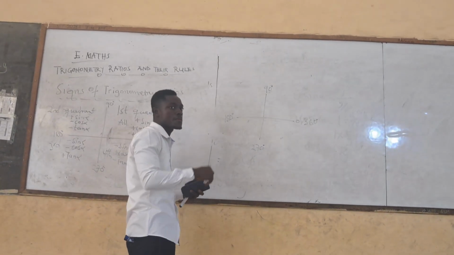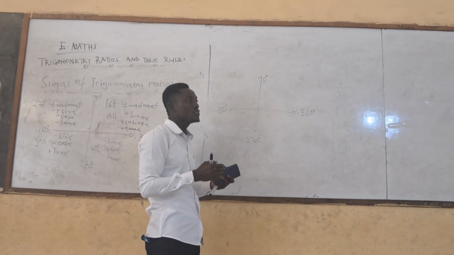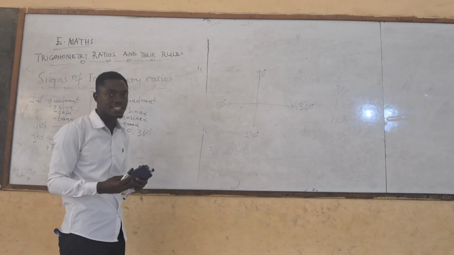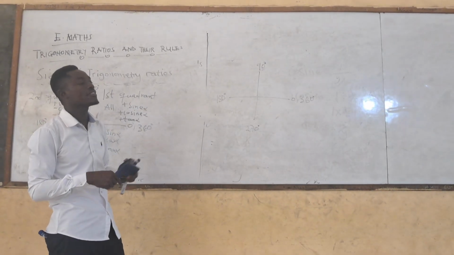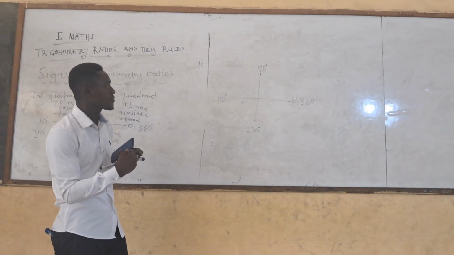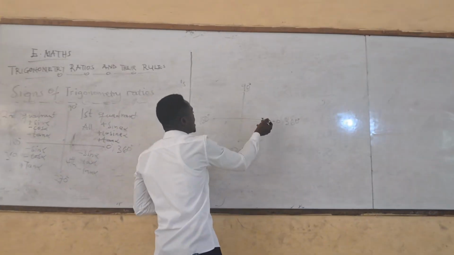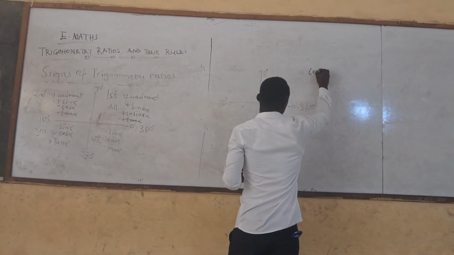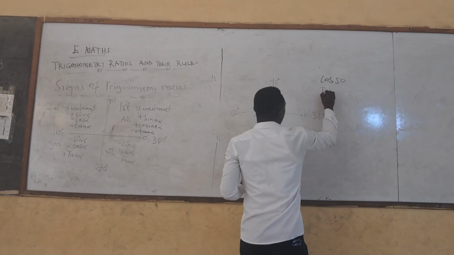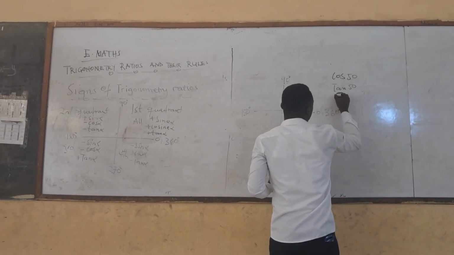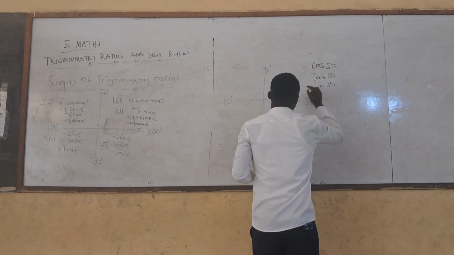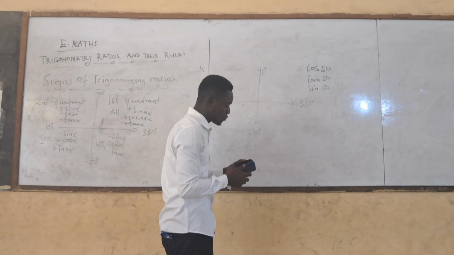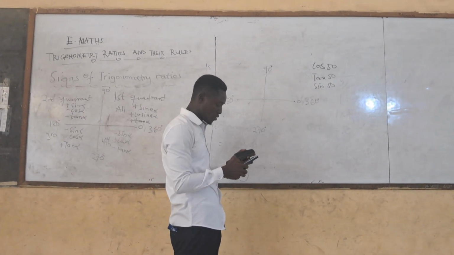So from 0 to 90, every value you take, whether tan, sine or cosine of that angle, is positive. For instance, let's take 50. Cos 50, tan 50, then sine 50, because this 50 is found within 0 to 90, all the answers are supposed to be positive.